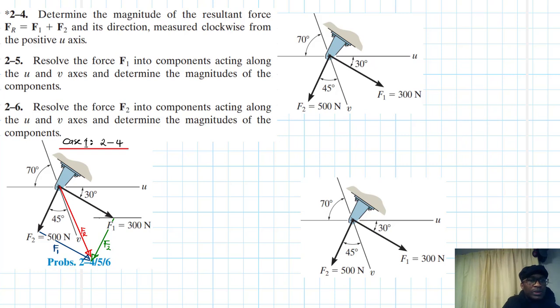So we know that this angle here is going to be 30 degrees, right? You agree? This is 30, similar to this.